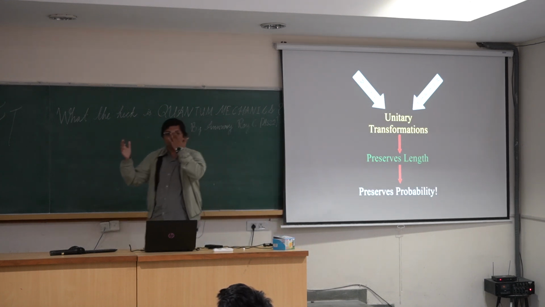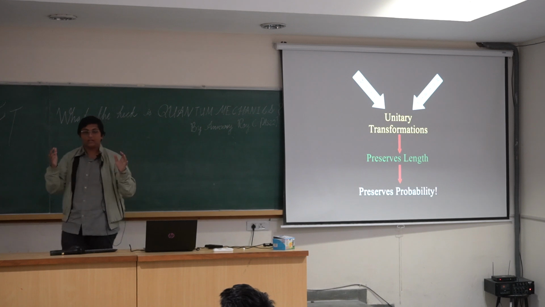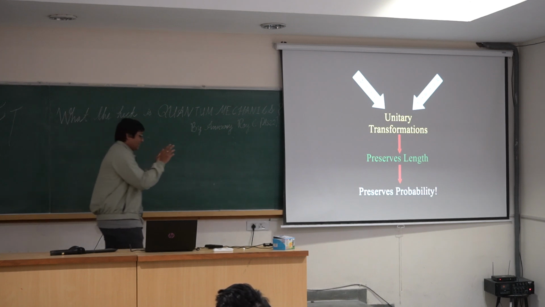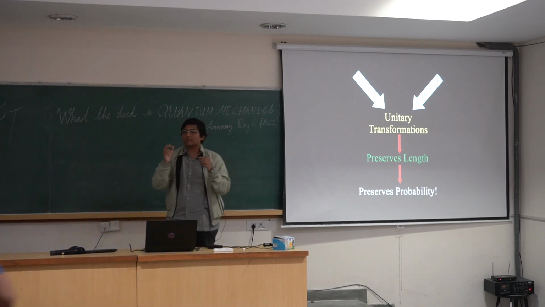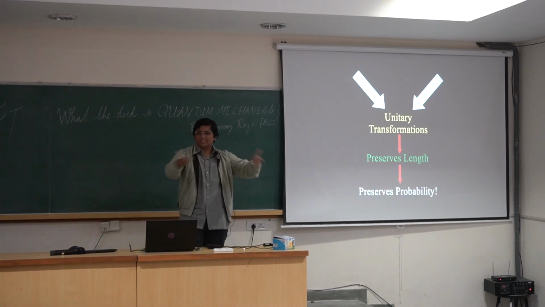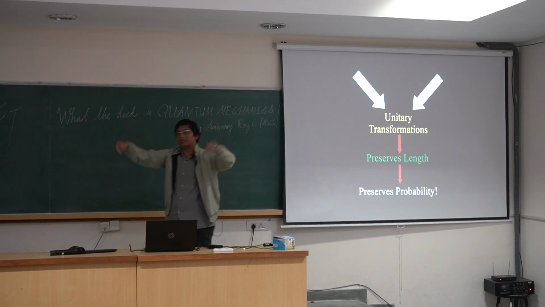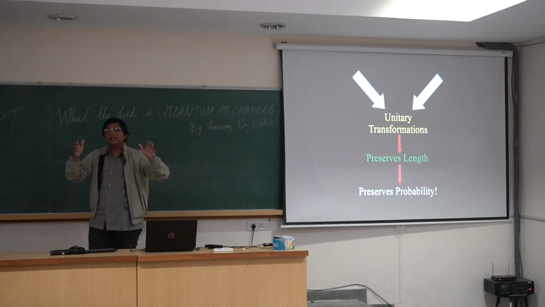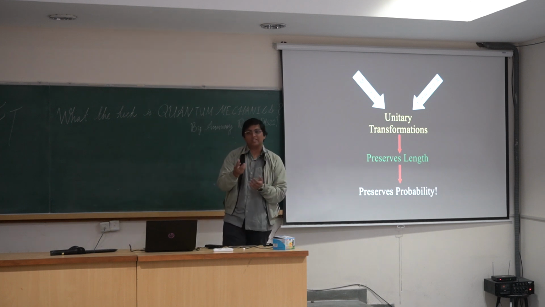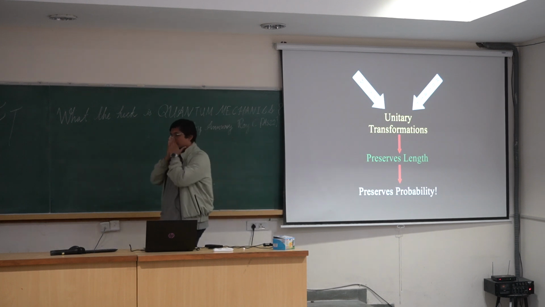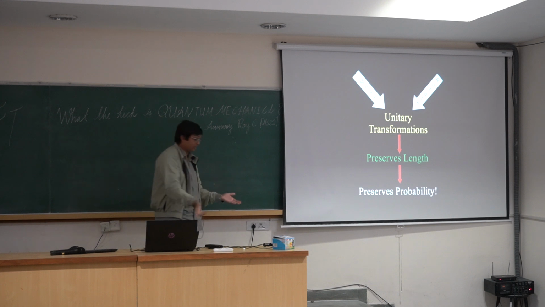They are unitary transformations because they are preserving the length. What's a transformation? I just showed you the visual representation. That's also a transformation. But you can use matrices to show a mathematical transformation.